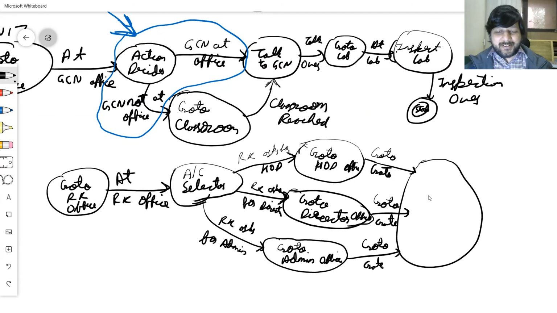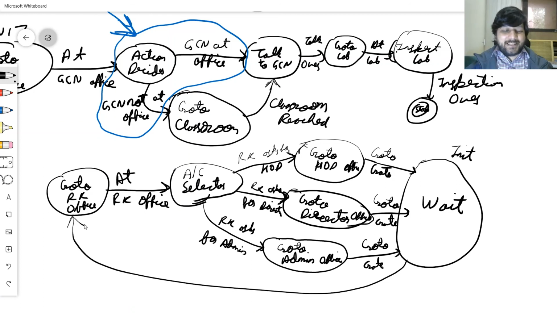And of course, the peons, I love this job. So the normal job of a peon is to wait, which is also initially how they start off their day. They're just waiting. And in waiting, there's another sensor. So that's another sensor, and it says RK called. So I actually call up the peon, and the moment I call up the peon, the sensors respond, yes, sir, I'll be there.